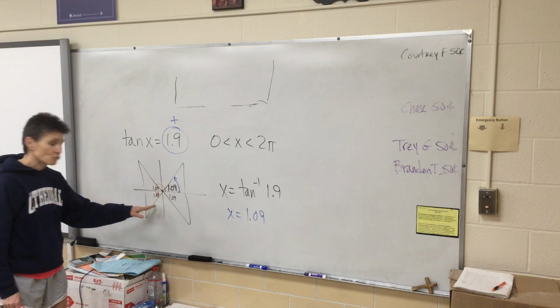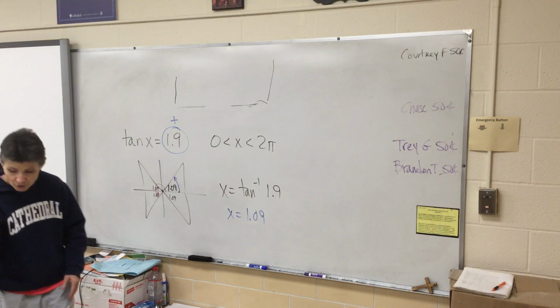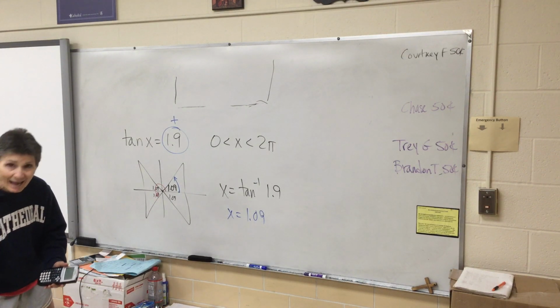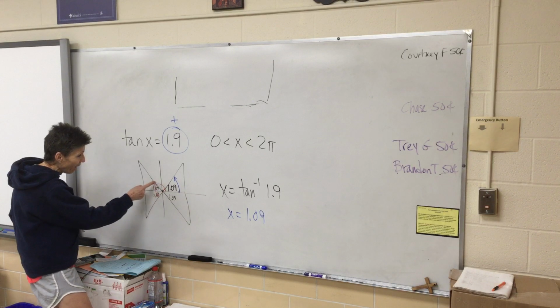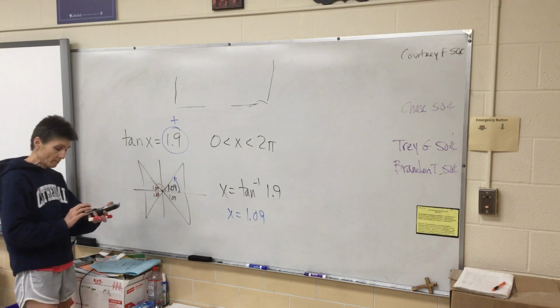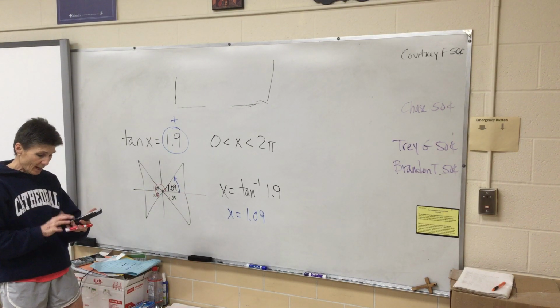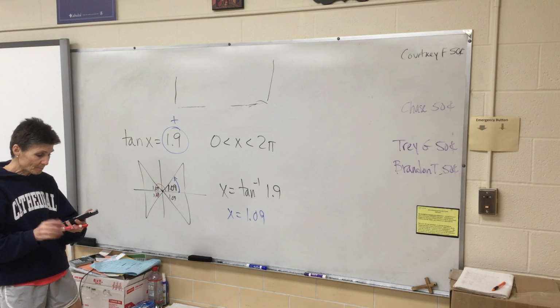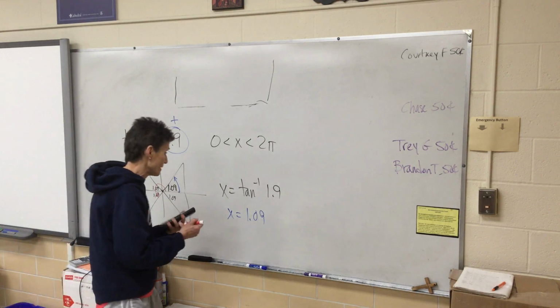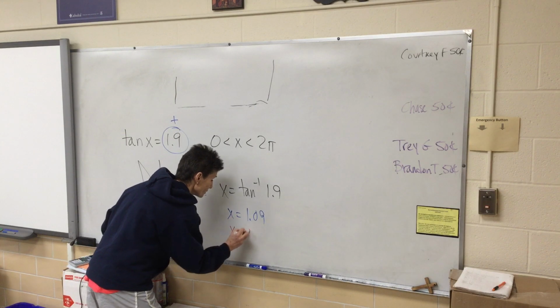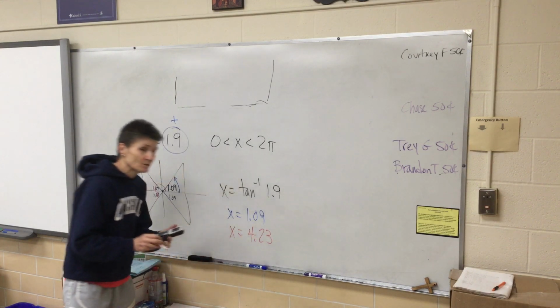So I need this red angle. Well, I'm going to use my calculator. That red angle is simply going to be pi plus 1.09. So pi plus 1.09, 4.23. So the other answer to the problem is 4.23.